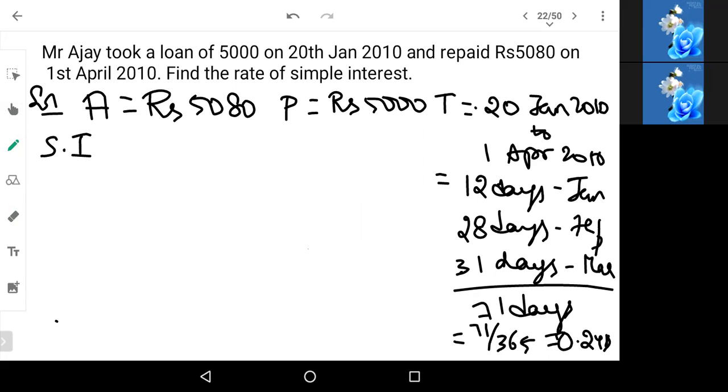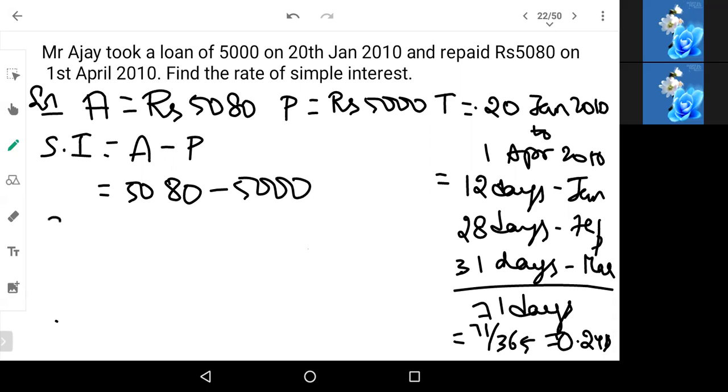How do you find the simple interest value? Amount minus principal will give you the interest. So amount is 5,080, principal is 5,000. So your simple interest value is rupees 80.